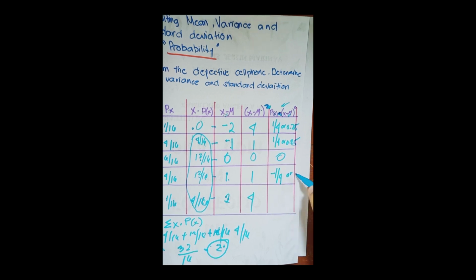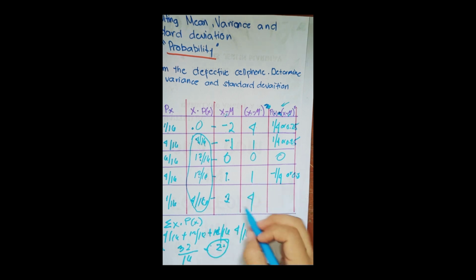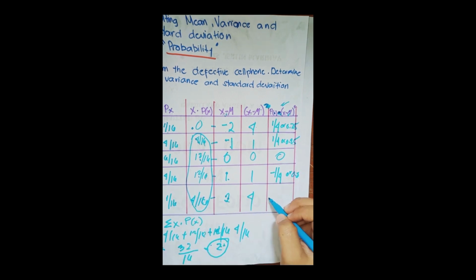Next again, 4 over 16, or 1 over 4, or 0.25 in decimal form.